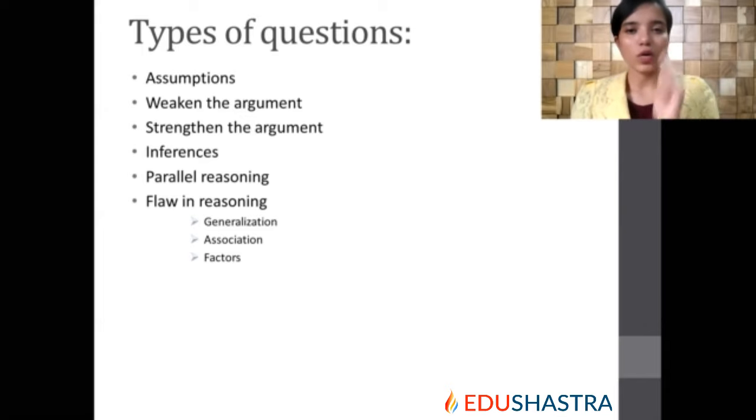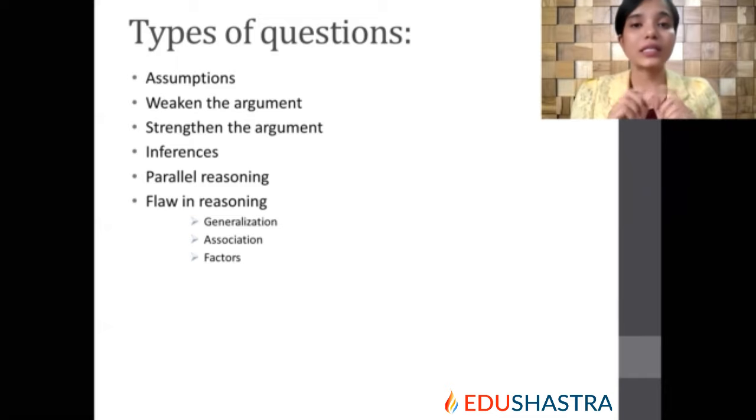Now there is one small trick in solving critical reasoning, guys. Whenever you get a question, you would normally read the passage first and then solve the question. But whenever it is critical reasoning, always read the stem first. The stem is the single-statement question given between your passage and the options.